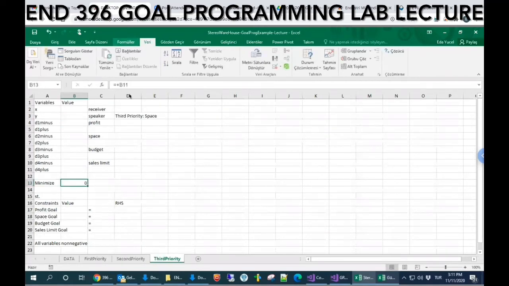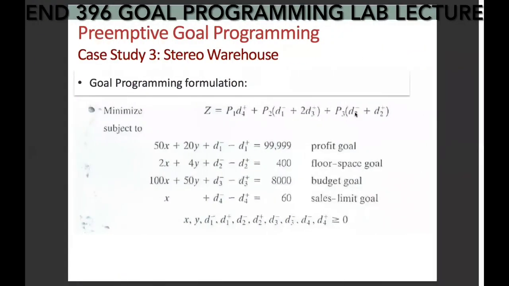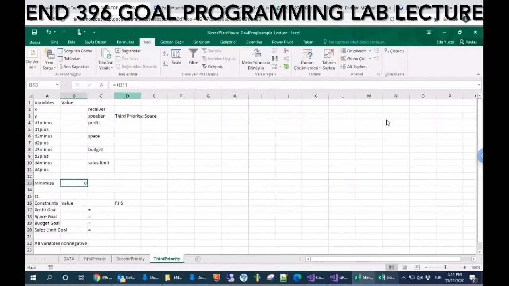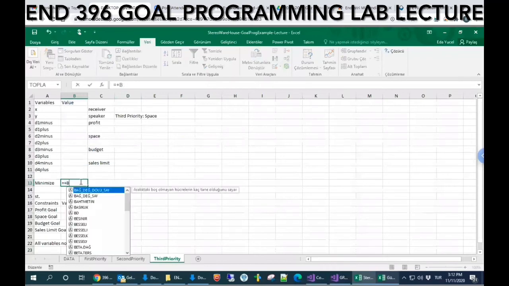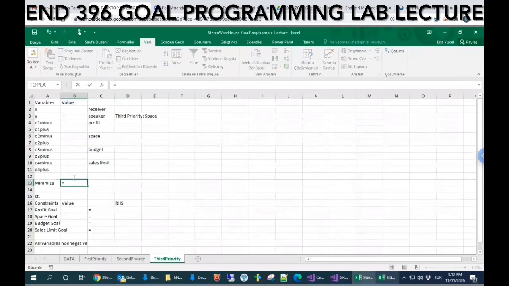In the third model, our objective is D2 minus plus D2 plus. So this should be D2 minus plus D2 plus.